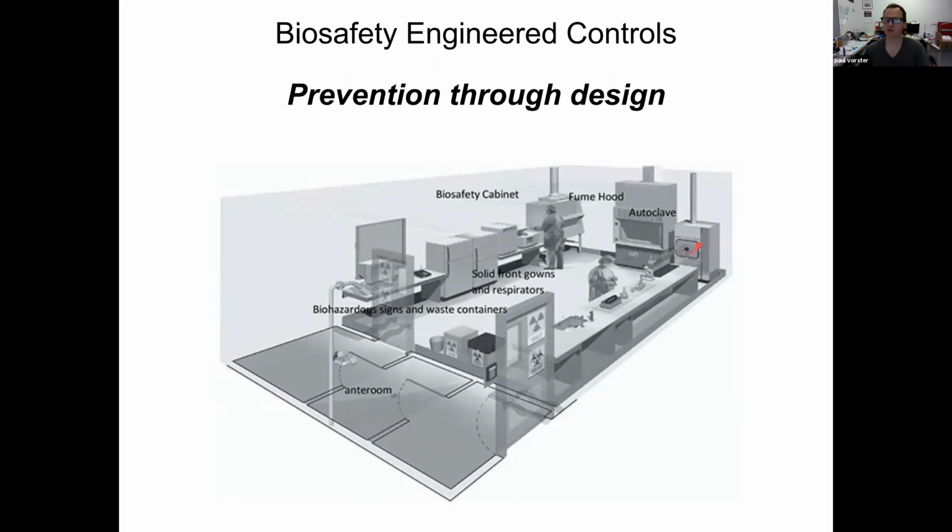And then the only way for it to leave is on the outside. So you use the outside door to take all the trash out. So this is a good example of an engineered control to make sure that things can be contained and not just get out and be dangerous, infect other people.